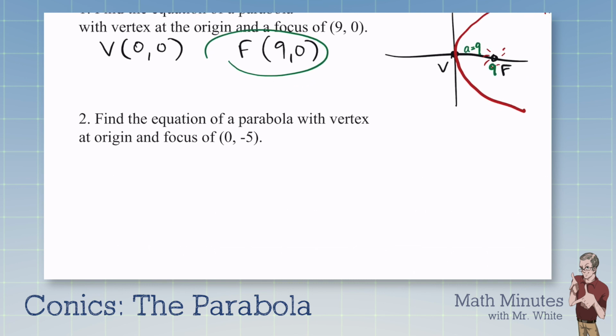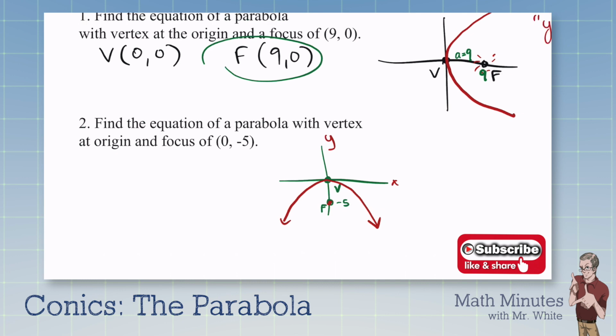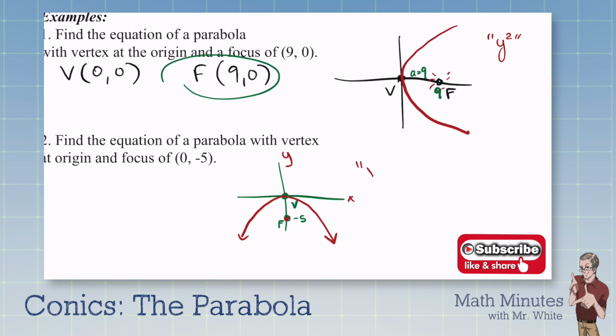Find the equation of the parabola that has the vertex at the origin and goes through 0, -5. So here's -5. That's the focus. Doesn't go through that. The focus is there. All right, so which way does this open? This opens down this time because, again, that light bulb would be on the inside of the lens. All right, so that's an x squared situation.